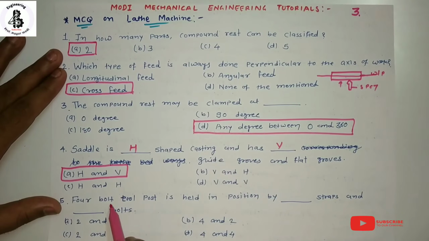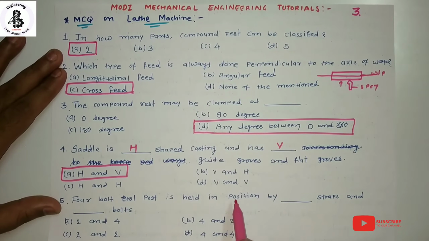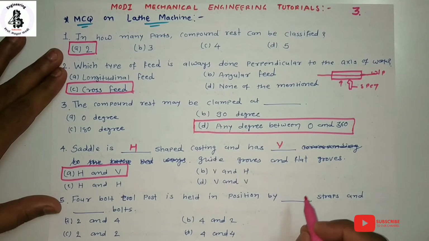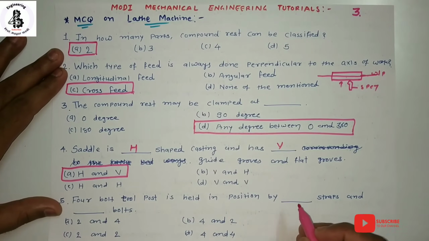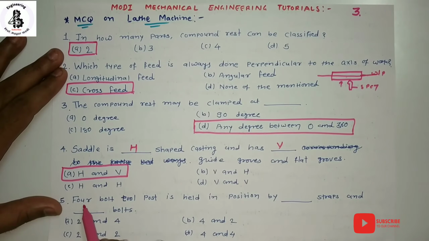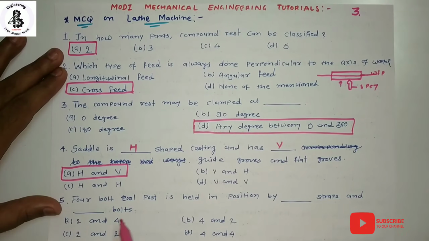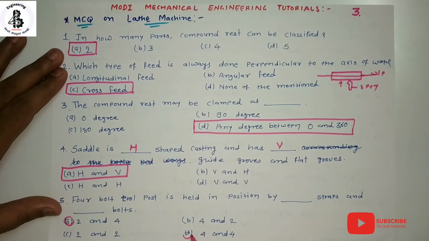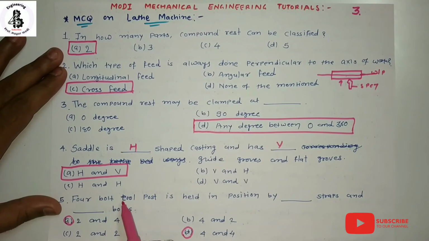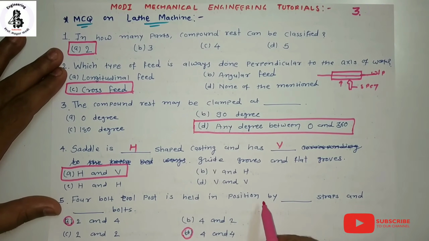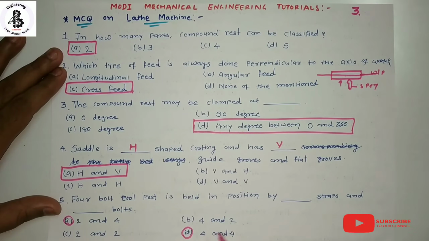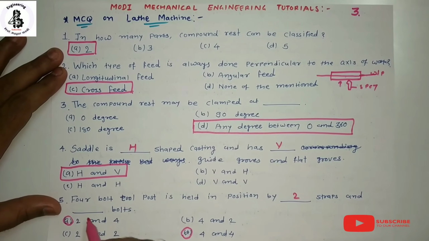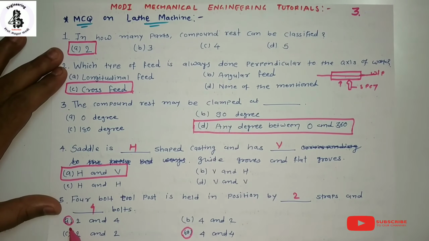The 4-bolt tool post is held in position by 2 straps with the 4 bolts, because that is the 4-bolt tool post. So the 4 bolts are required, so the only possibilities are answer A or B. So the 4-bolt tool post is held in position by 2 straps and 4 bolts. So according to the given options, answer A, 2 straps and 4 bolts.